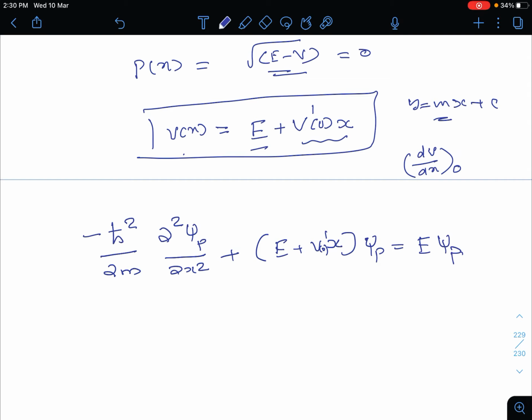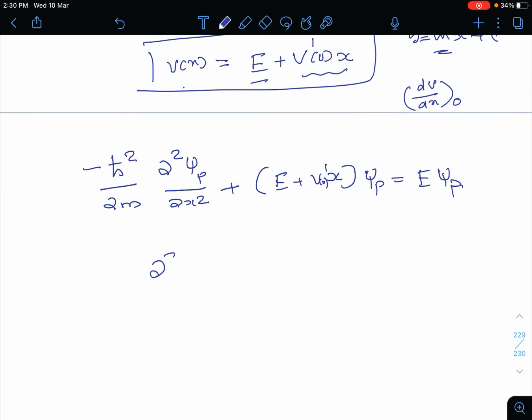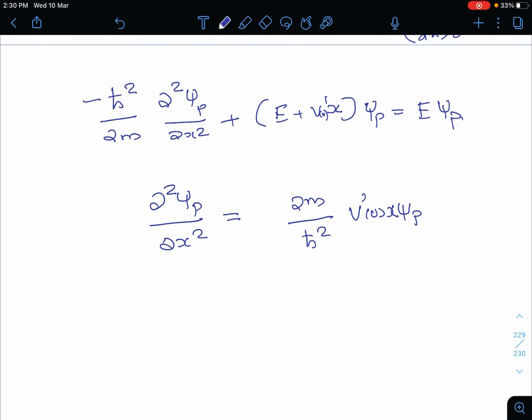Now I'm rearranging it so that dou square psi p by dou x square is equal to, taking it on the right hand side, 2m by h cross square V dash of 0 times x psi p. This is correct.